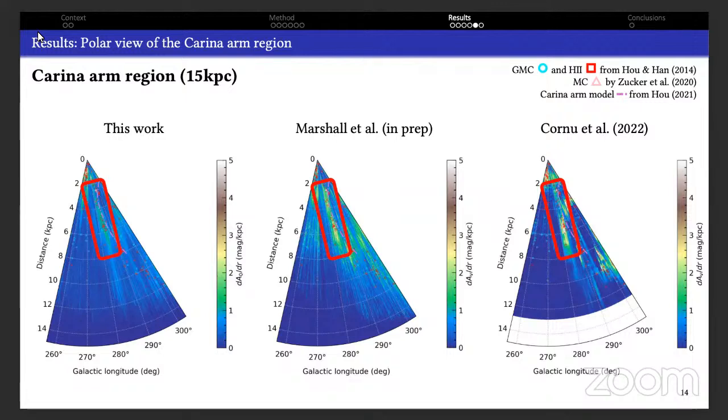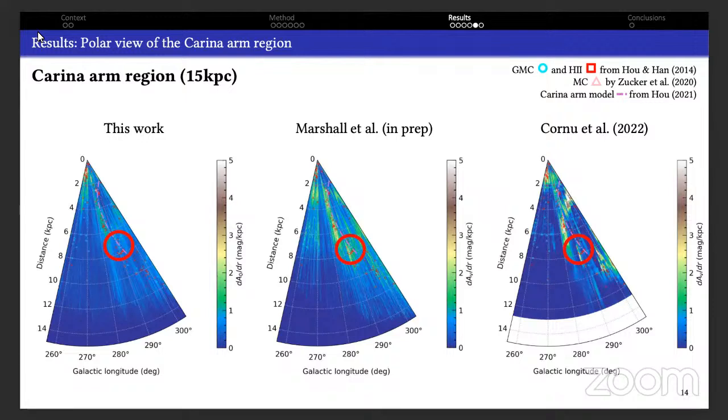So those are the red and blue points. But there are some differences between our work and other works, like this clump of HII regions and giant molecular clouds, where we should expect to observe something in our map, but we do not.